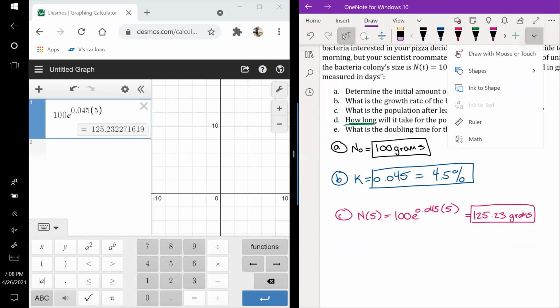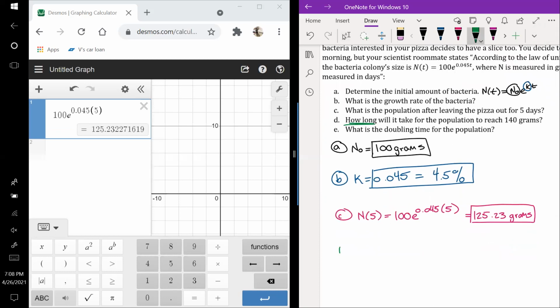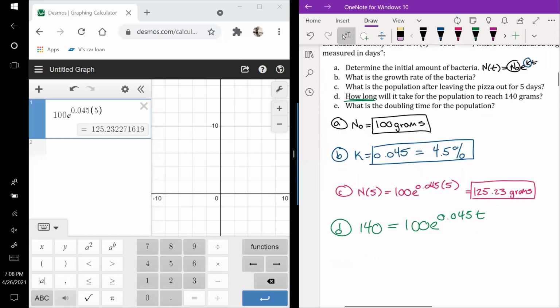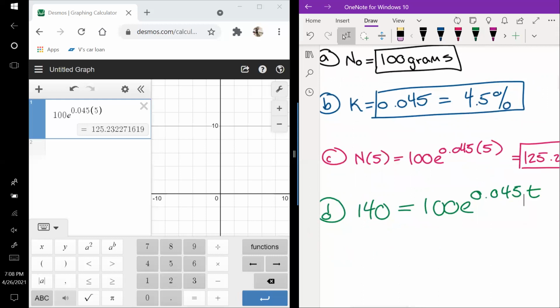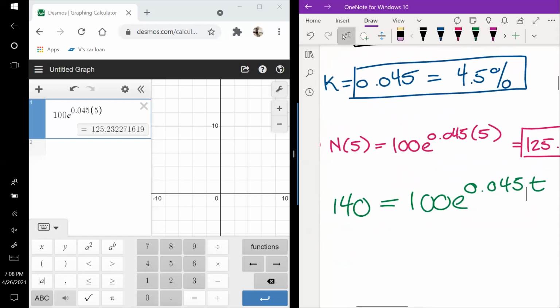So this means that for D, we're going to take 140 and set it equal to our equation of 100 times e to the 0.045t. So it says how long, so this means we have to look for time. Okay. And then let's go ahead and solve this. So the first thing we're going to do is divide by 100.